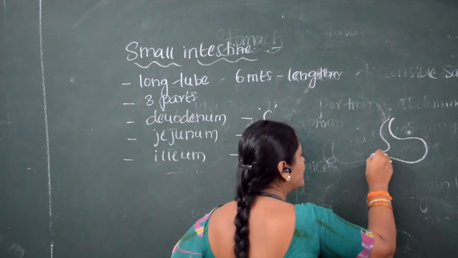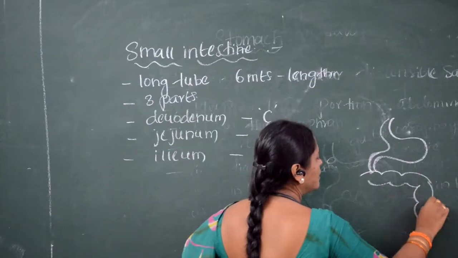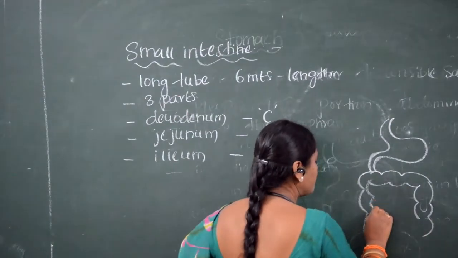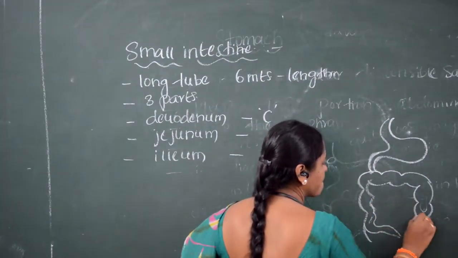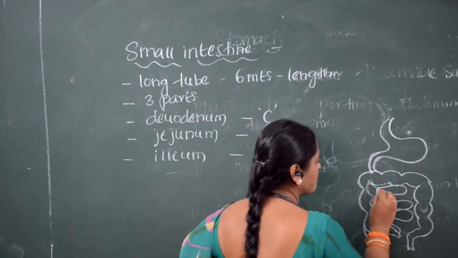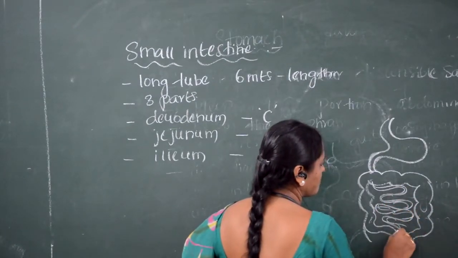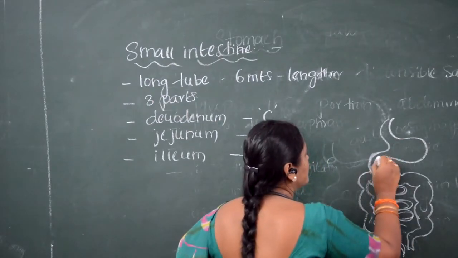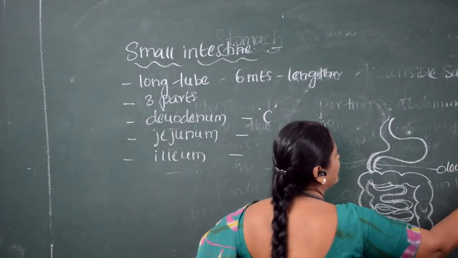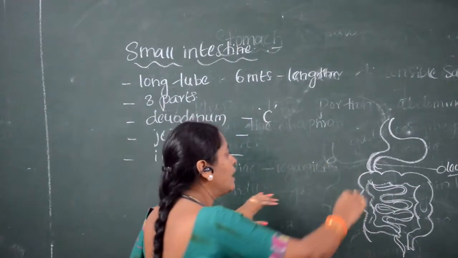The C-shaped structure that follows down from the stomach is called the duodenum.